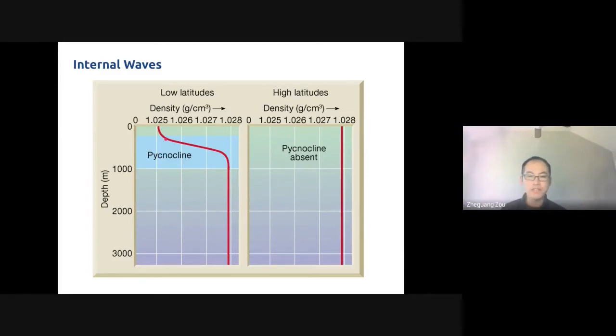So think about this. If this is layer 1 and this is layer 2, this is kind of an intermediate layer between layer 1 and layer 2. Think about our surface wave. It's the interface between the air and water. They have different density.